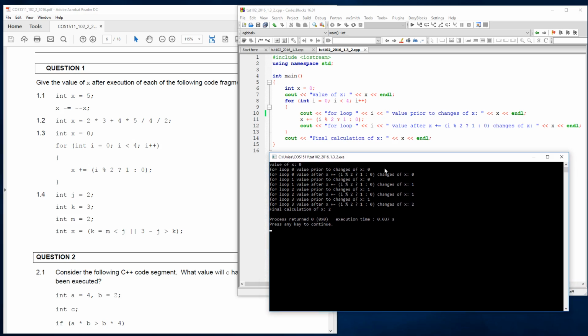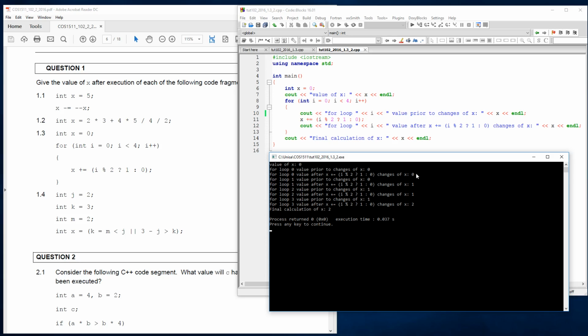So that's the result. So what it's saying here is that for loop 0, which is the very first loop that it executes, because i equals 0, x value is 0. Now when we say 0 divided by 2, we obviously get 0.